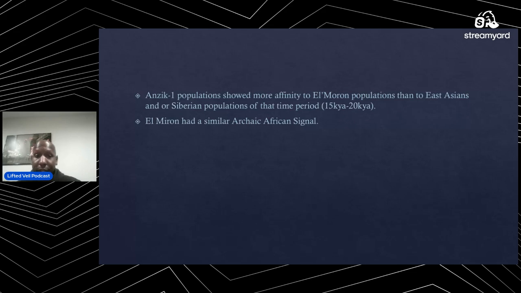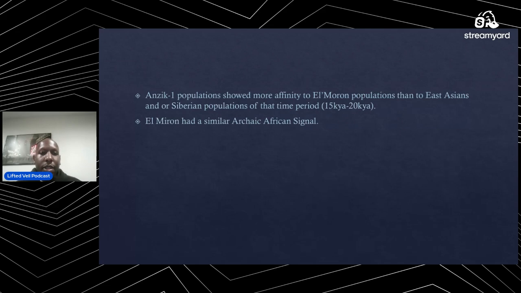Right here it's saying it's showing affinity to El Moran populations, but more than East Asians or Siberian populations at that time period, which was between 15,000 and 20,000 years ago, which is supposed to be the beginning of the differentiation of the Native American ancestors going through Beringia.